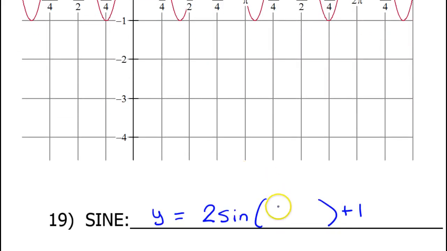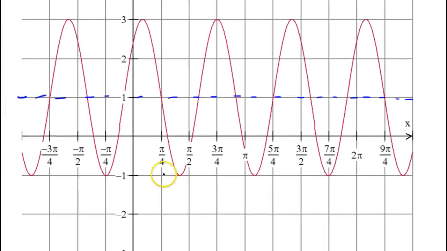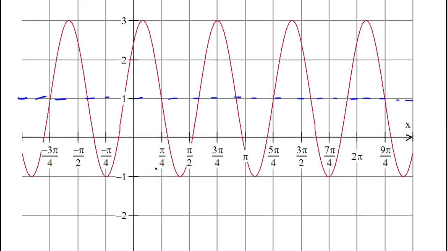At a glance I can tell there's going to be a b value because the period is not simply 2 pi. So I'm going to leave space for a b value right there. To find the b value, I need to know what the period is.